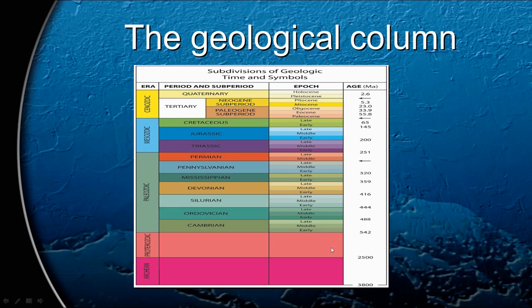And they divide that up into three big eras: the Proterozoic, 2,500 million to 542 million, the Archean, 3,800 million to 2,500 million. And then below that, you have the Hadean, which has hardly any rocks. It's supposedly when the Earth was molten, but no one hardly talks much about that period because there's not much evidence for it. But I'll be talking more about the Archean and the Proterozoic as we go.